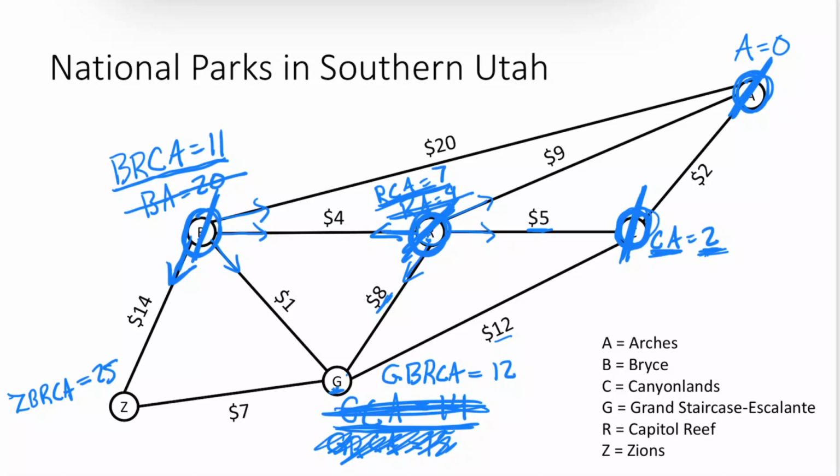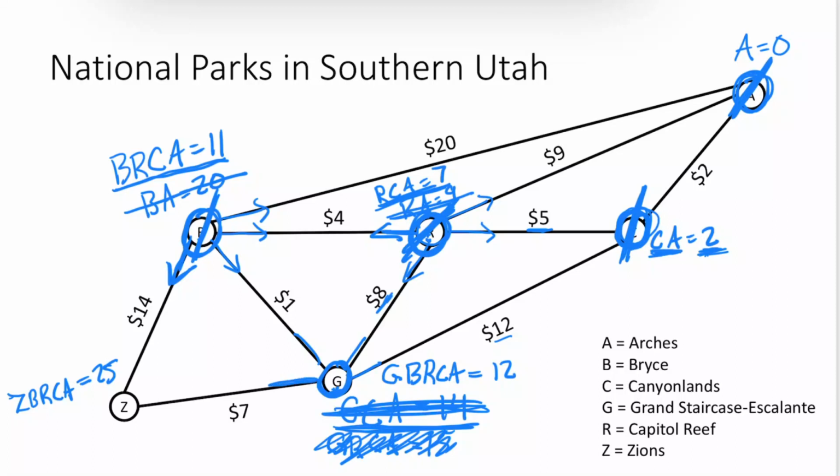Then I go through the process again and I say, okay, I have two vertices that have not been visited yet, and the cheapest one is G, because that one's 12 and the other one's 25. So I'm going to mark that as my current vertex. Most of the edges are going back to vertices we've already visited, so we don't have to worry about it. But this one goes to one that's not visited.